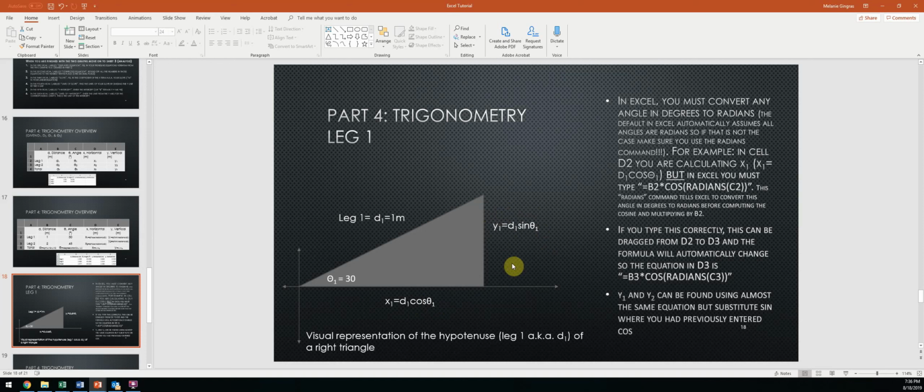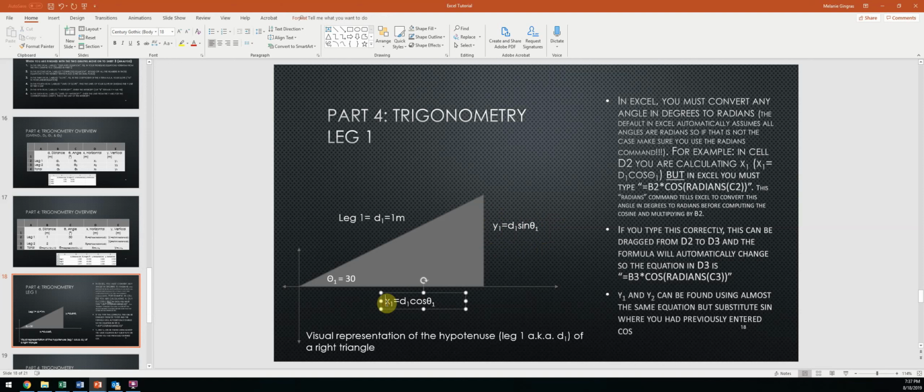In this case, our opposite side is y1 and our hypotenuse is d1. Literally all we did was rearrange the SO part. We multiplied both sides by the hypotenuse over 1, giving us this rearranged equation. So the opposite side is equal to the hypotenuse times sine of theta.